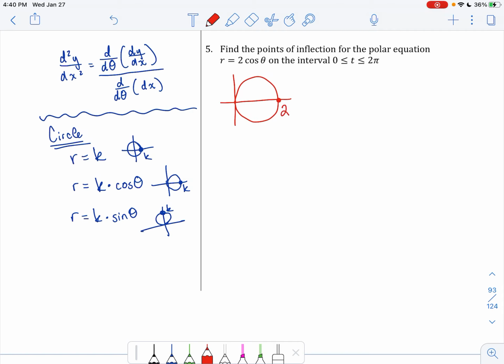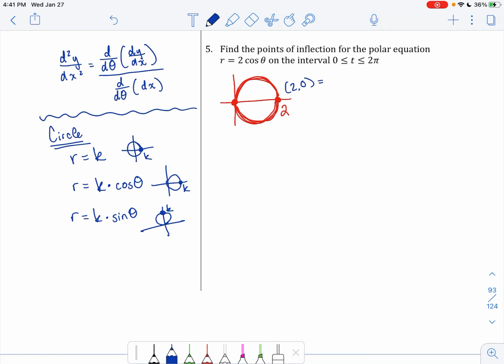Find the inflection points here. Well, the inflection points, we have concave up in the lower half, and we have concave down in the upper half. So our two inflection points would by necessity be these two, which in terms of x and y, this point here, we've got 2, 0.